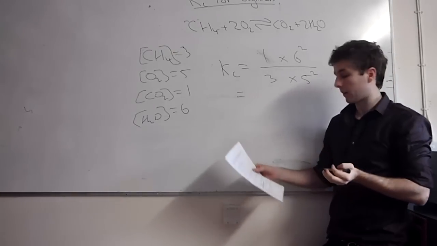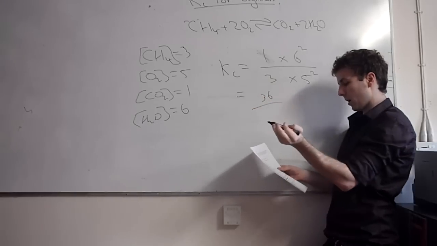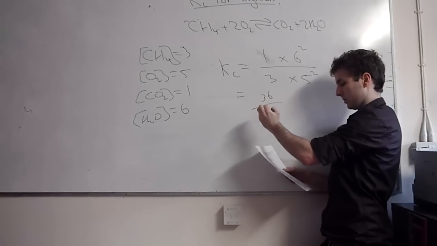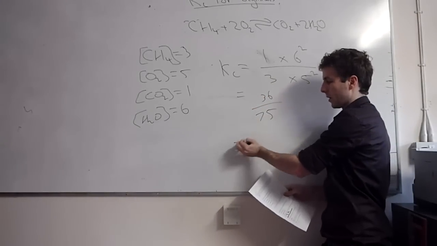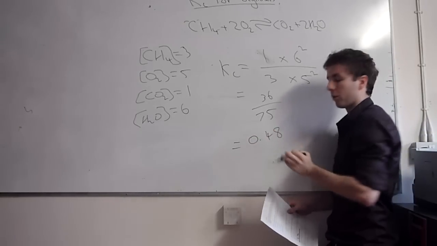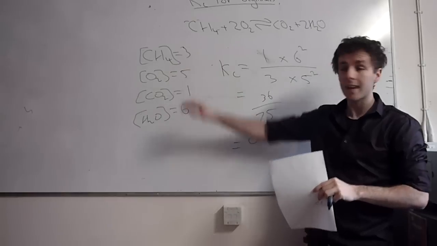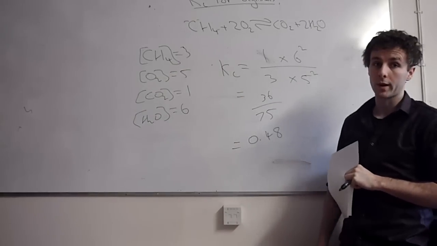So using my cheat sheet, because my maths is absolutely rubbish, that will give you 36 over 75, which again, popping that in a calculator, will give you 0.48. So your Kc value for these concentrations at equilibrium would be 0.48.